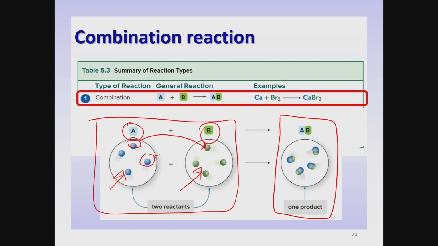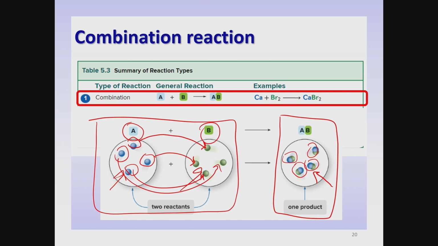So here we're seeing 4 A atoms stick on to 4 B atoms, and so what you get in the end, when the reaction is complete, is a product made of A atoms stuck to B atoms. And one of the things you might remember is when you have one element stuck to a different element, this is called a compound.